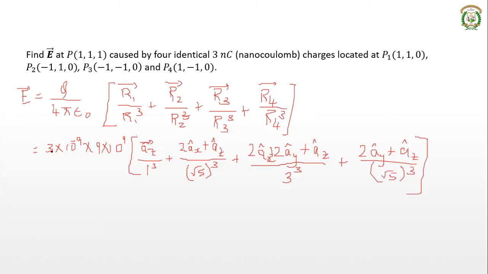So what is this term now? 10 raised to 9 and 10 raised to minus 9 get cancelled. So 9 into 3 is 27. 27 is there outside the brackets.